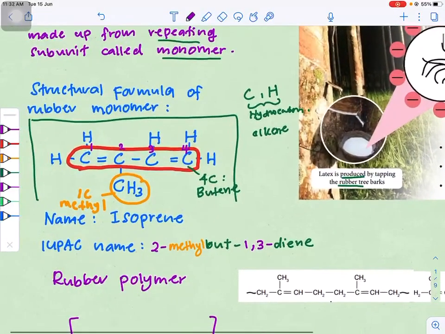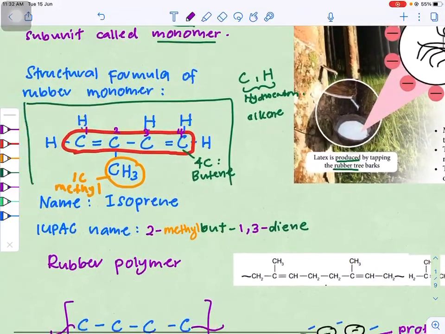So how can we get the polymer? From the monomer we must form the polymer. Just like forming a train, to connect between the first and the second carriage, you must make sure nothing blocks the connection between the carriages.